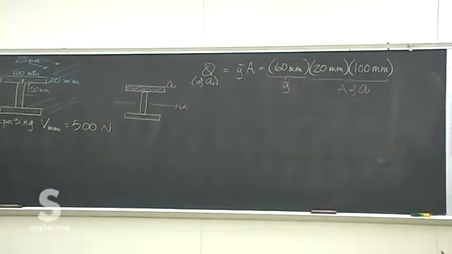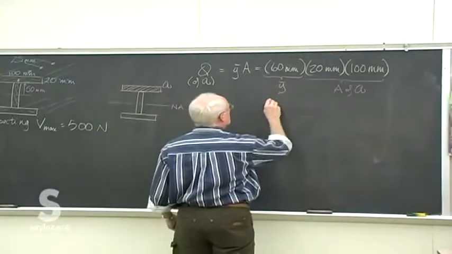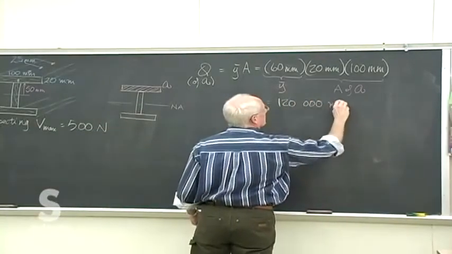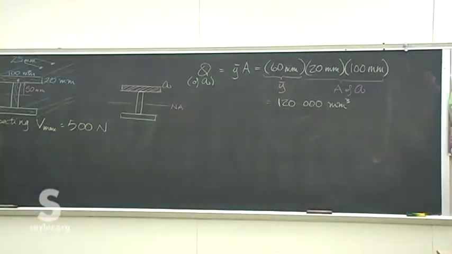That's the area of A, and that just comes out to be 120,000 cubic millimeters. Well, I guess it is a volume in a way. Not real sure what it's the volume of, but there you go.